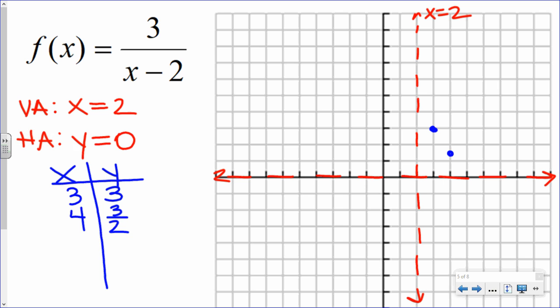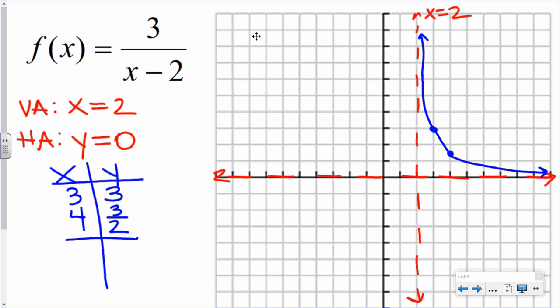You're welcome to find another one, but we know what's going to happen. We know that towards the vertical asymptote, we're going to approach it with unbounded behavior, and then towards infinity, we are going to approach that horizontal asymptote. Okay, that's enough for that side of the graph.